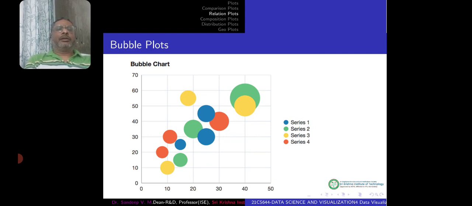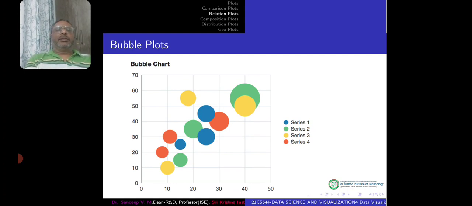So in all, what we have used is one continuous feature for x-axis, one continuous feature for y-axis, one continuous feature for size of the bubble, and one categorical feature for using the colors. So for each category one color is used. Here our data contained four categories, therefore we could use four different colors.